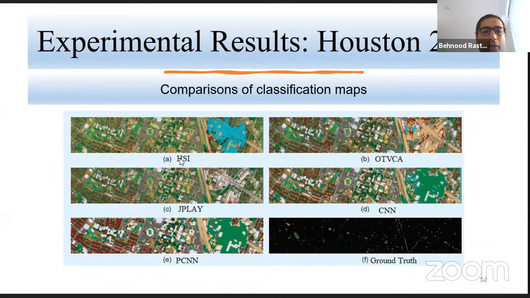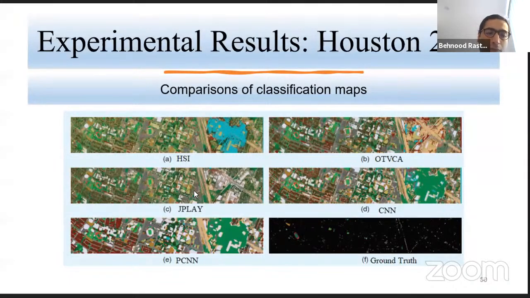So again, we compared applying random forest on hyperspectral bands, and then you see the results of OTVCA, which for this dataset gives the highest accuracy, and I guess among all the other techniques as well, between the unsupervised techniques.